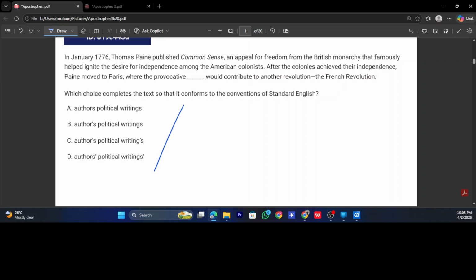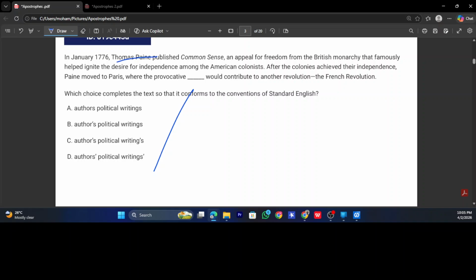So try to solve this. First of all, if you look at the answer choices, the convention being tested is the use of plural and possessive nouns.